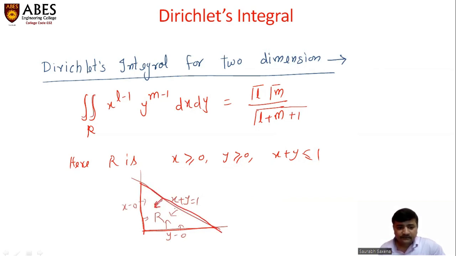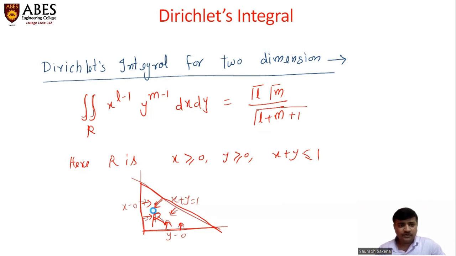So below this line, on the right of y-axis and above the x-axis, this is the region R. So if such kind of two-dimensional integral will occur, we will be using direct concept of Dirichlet's formula, that is gamma L, gamma m divided by gamma L plus m plus 1. Now we'll go through how these Dirichlet's formulas are used in the problems.